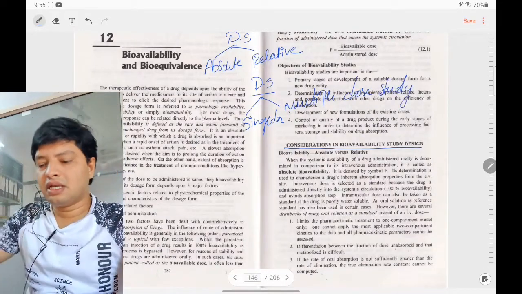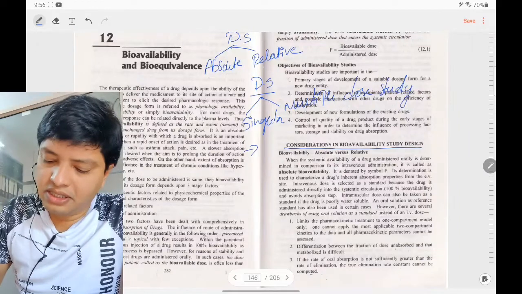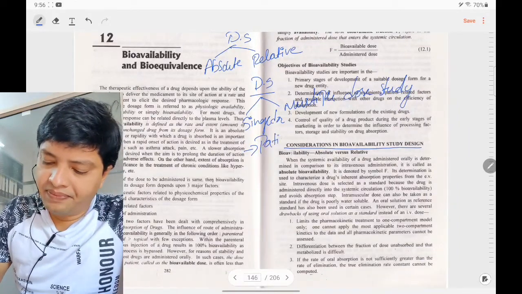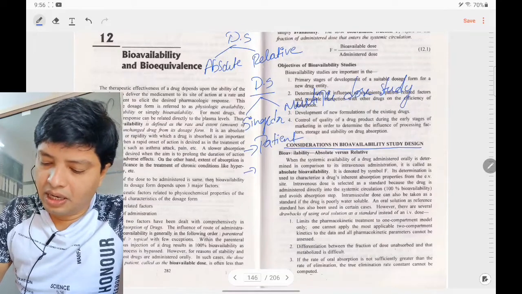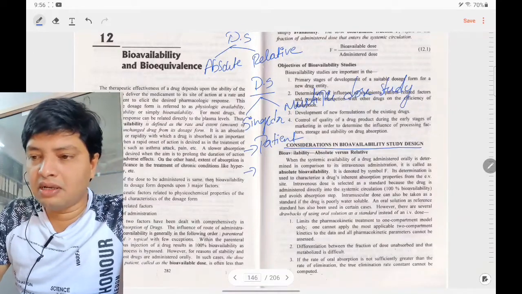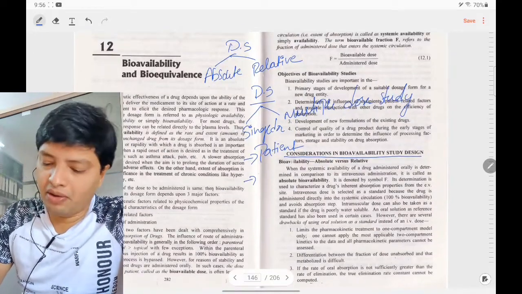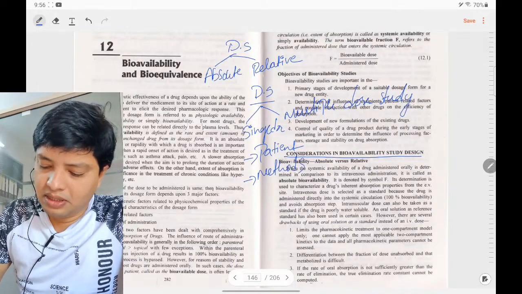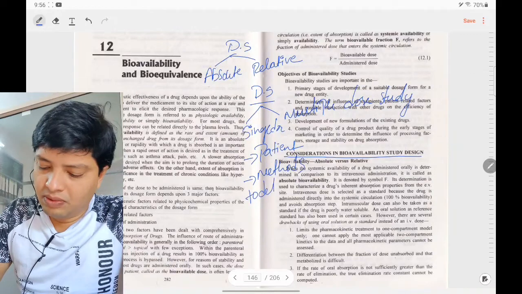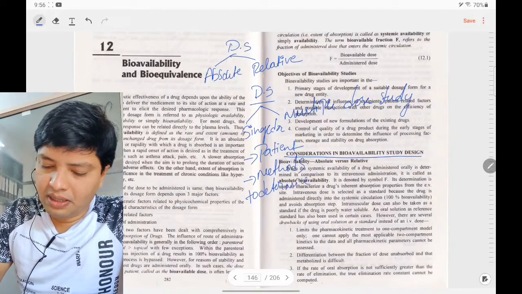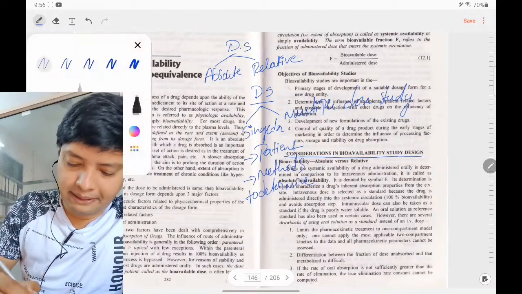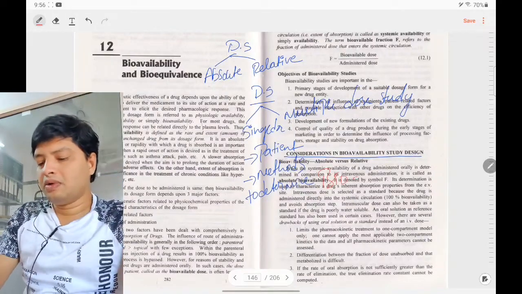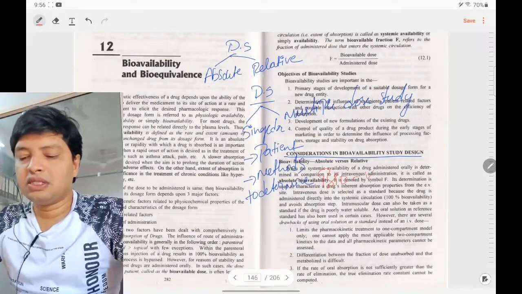The third consideration is patient related, and the last one is the methods to determine bioavailability. So these are the considerations.